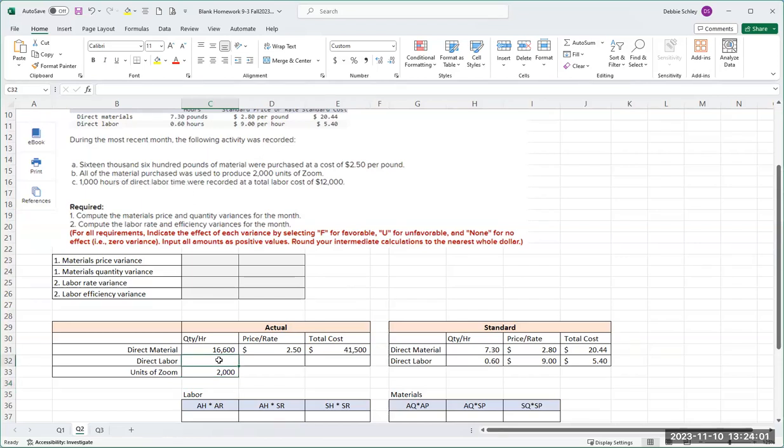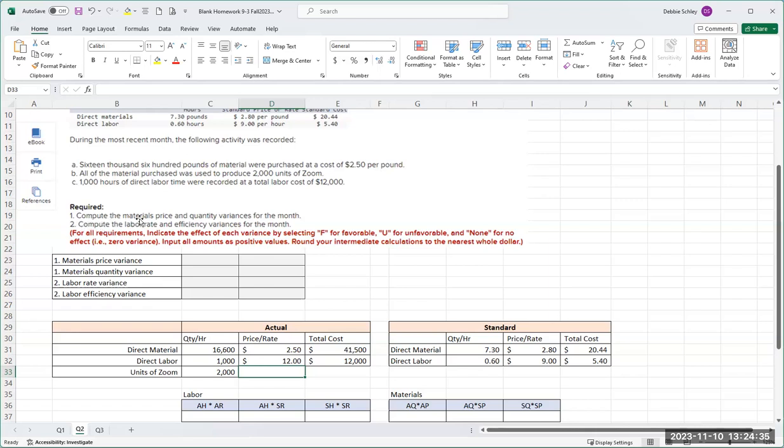So 1,000 hours were recorded at a total labor cost of 12,000. So not that I necessarily need to, but I could reverse this around and figure out my rate per hour. That's just the total cost divided by the direct labor hours. Tells me I paid them $12 an hour. Okay, I think I got all the important numbers out.